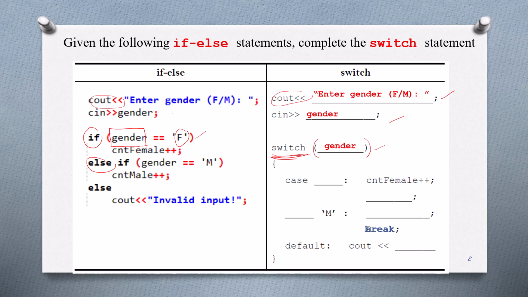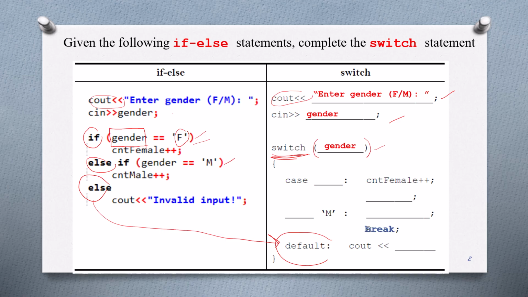You have f here, you have m, and you also have invalid input. For the else part here, if you use switch, then you may translate it into the default. So here the case that matches the gender will be written.